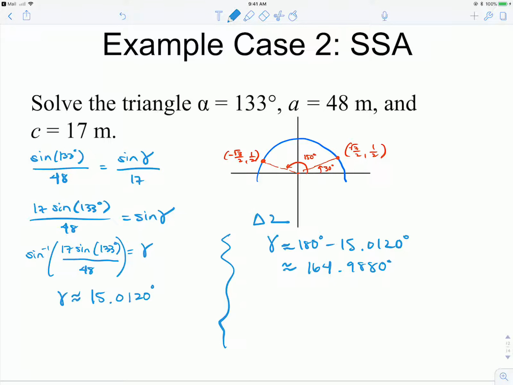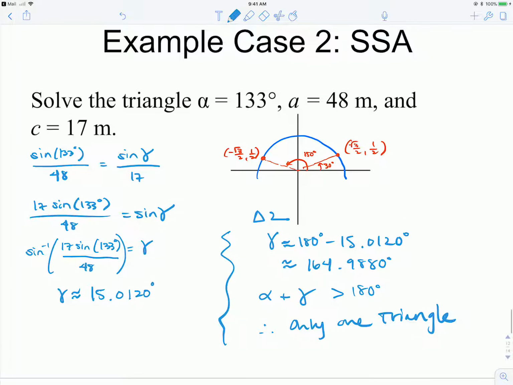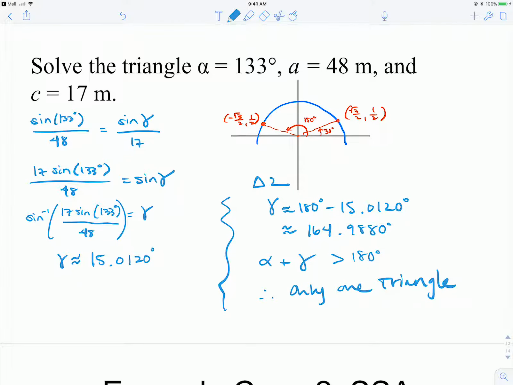Well, this would mean that alpha plus gamma would be greater than 180 degrees. Therefore, there's only one triangle. So we can test every time we run into the SSA case. If you're not sure if there's a second triangle or not, you can go ahead and check it.